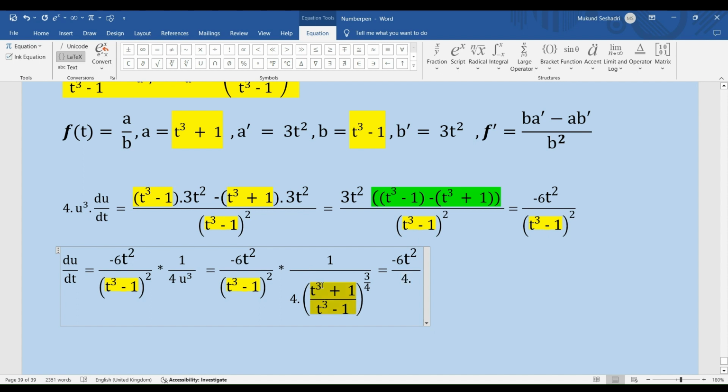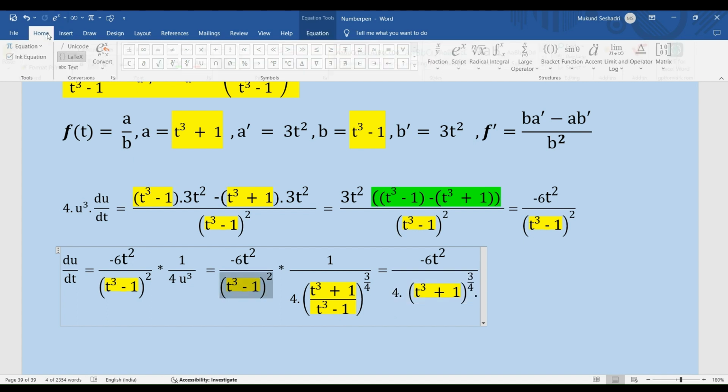And then I have my t cube plus 1, the whole power 3 by 4 as it is. So let me copy that and write it down first before I touch t cube minus 1 to the power 3 by 4. And then I have my t cube minus 1 whole square, which is this part, right?